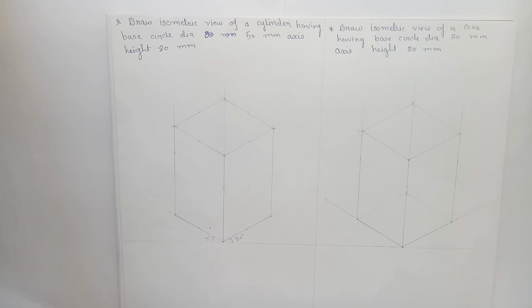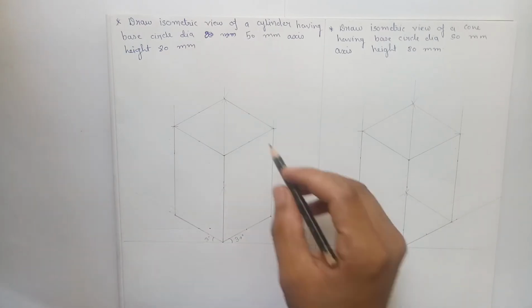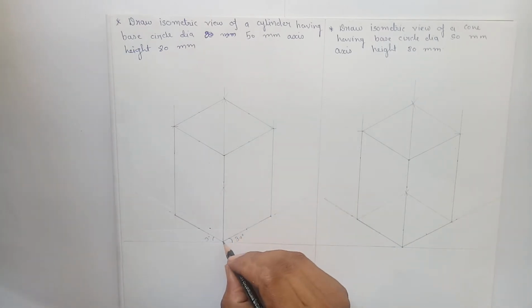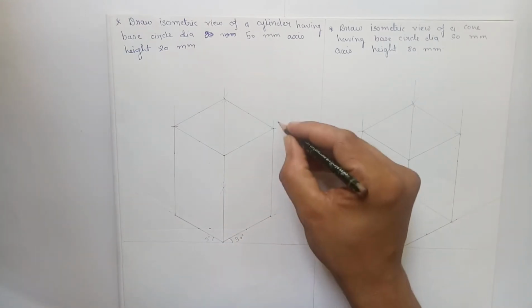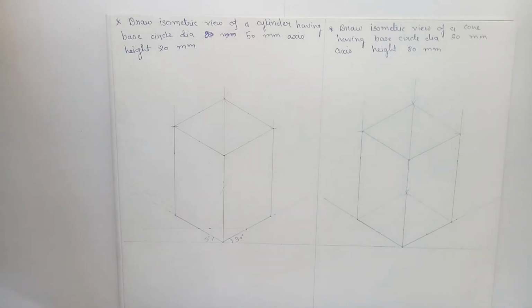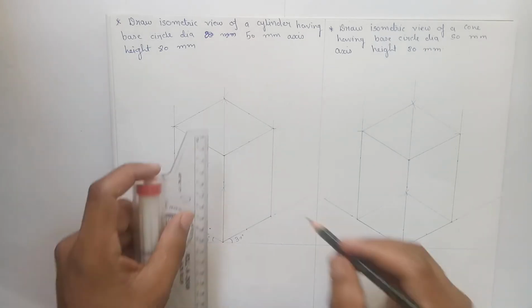We have discussed the method to draw the square prism in session 1. So watch session 1 to draw the square prism. By following that particular method, draw the square prism first of all having base edge length 50 mm, axis height 80 mm.